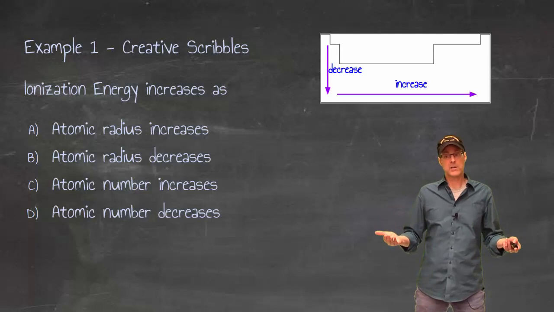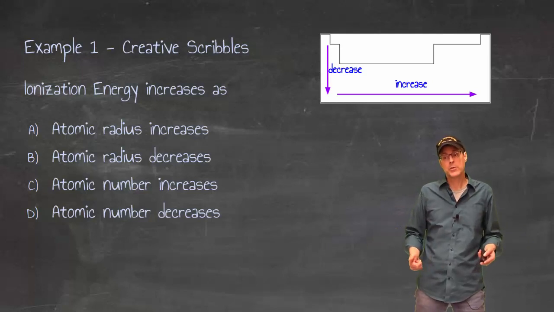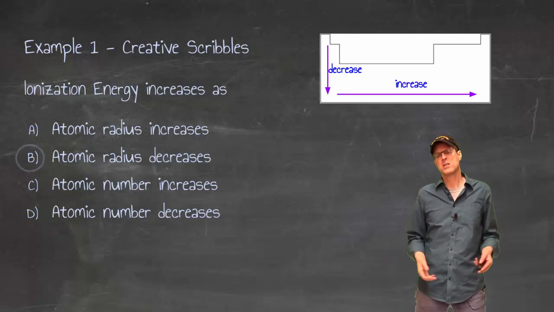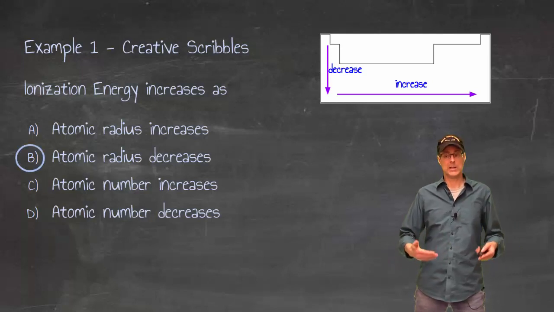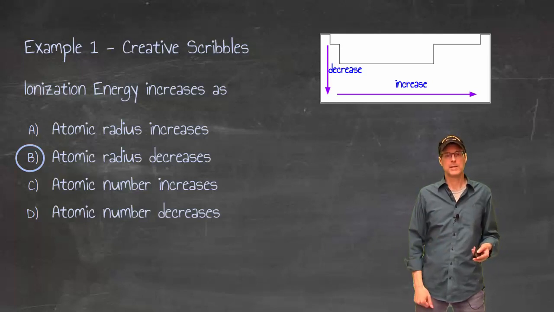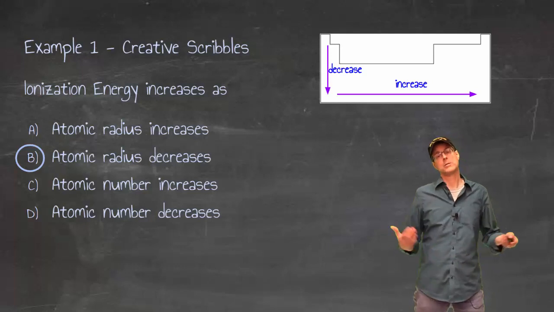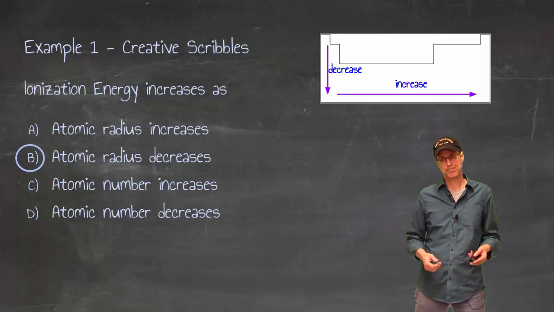Is the atomic radius getting larger or smaller? Is the atomic number getting larger or smaller? And it turns out that in this case, the atomic radius is getting smaller as the ionization energy gets bigger.